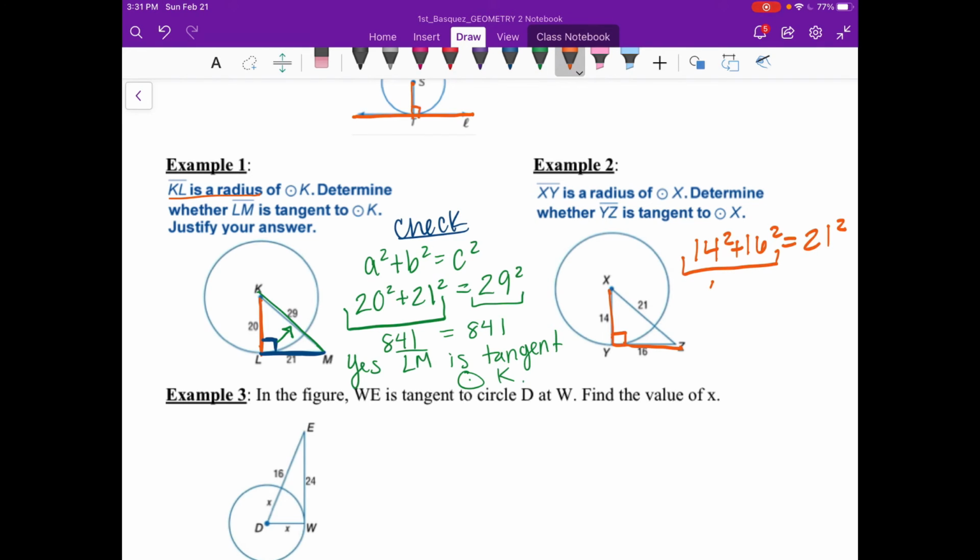This in my calculator is 452, and this in my calculator is 441. These are not equal to each other, so this is not a tangent line, okay?